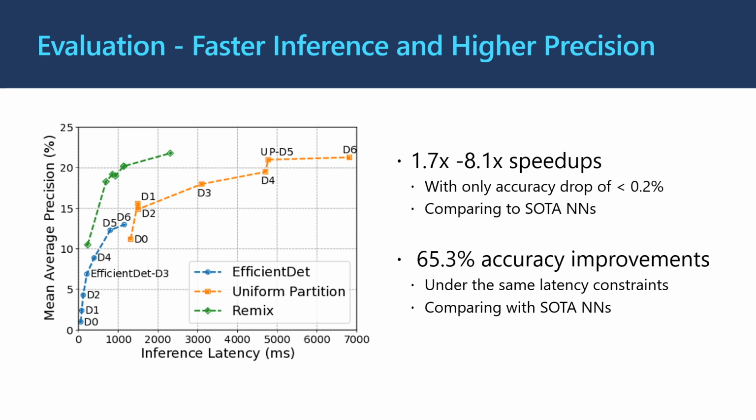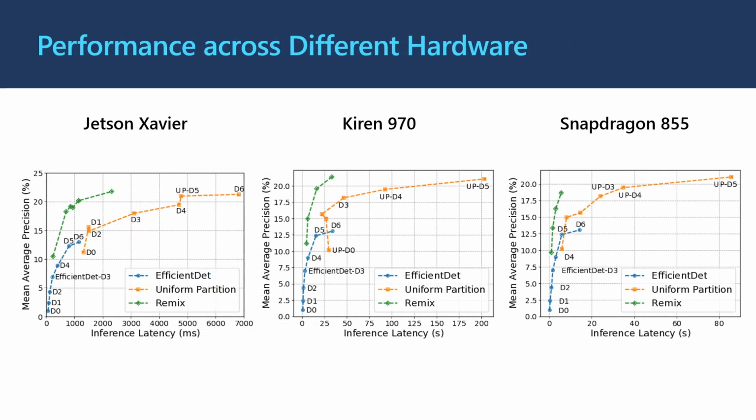When under similar latency constraints, Remix can also improve the detection by 65% on average. We also evaluate Remix on different edge platforms, including NVIDIA Jetson, Kirin, and Snapdragon. The results show Remix can bring promising inference speedup and detection accuracy gains.